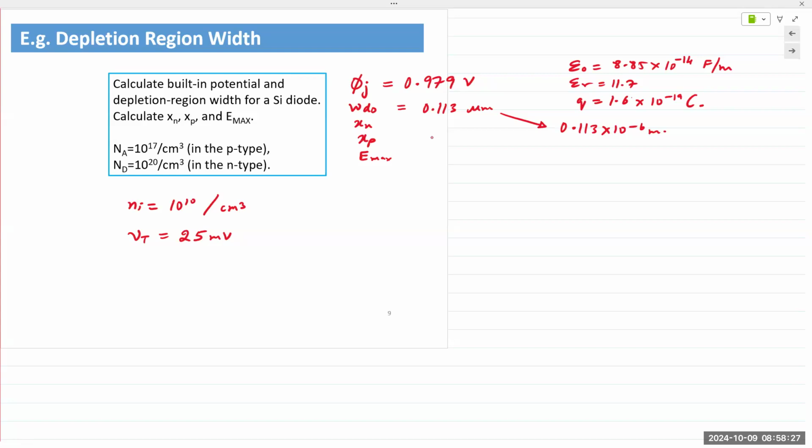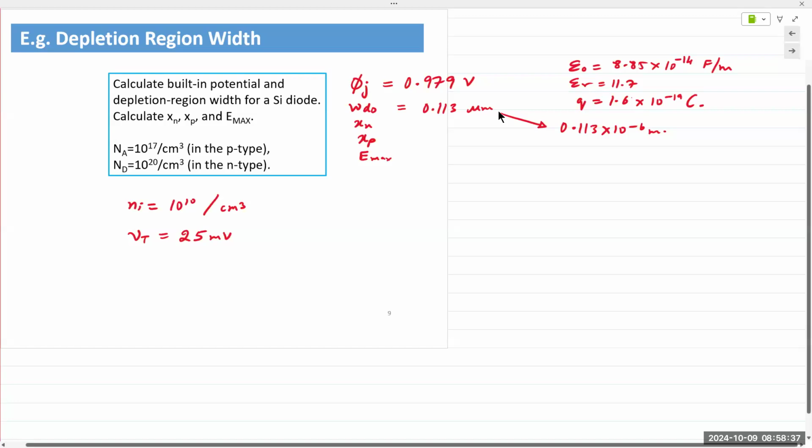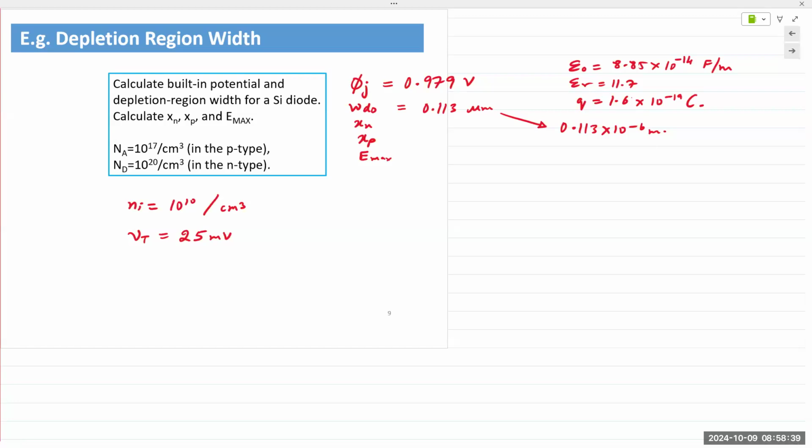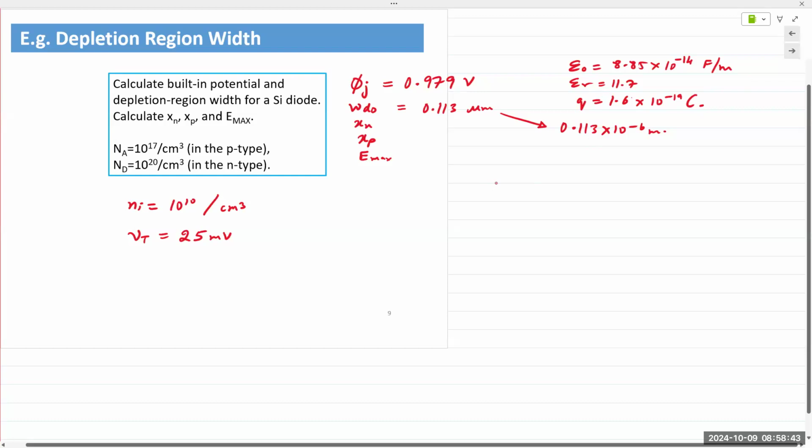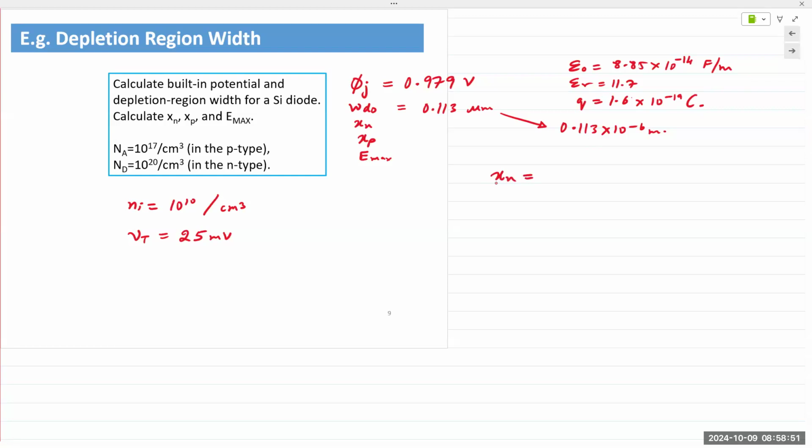All right. Okay. WD0 is also the depletion width combined of xn and xp. So we can find xn and xp by using those equations. So xn can be determined as, let's see, where did my equations go?